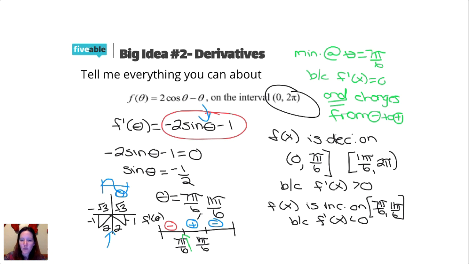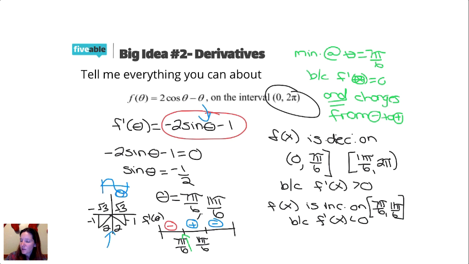Again, that's a lot of shorthand you don't want to actually use, but we have a minimum at theta equals 7 pi over 6 because f prime equals 0 and is changing from negative to positive at that point. Sorry, that should be a theta, not an x. And then you could write the same thing for the maximum. There's a maximum at 11 pi over 6 because f prime of theta is equal to 0 and it changes from positive to negative. So that's all the things the first derivative tells us about the function.